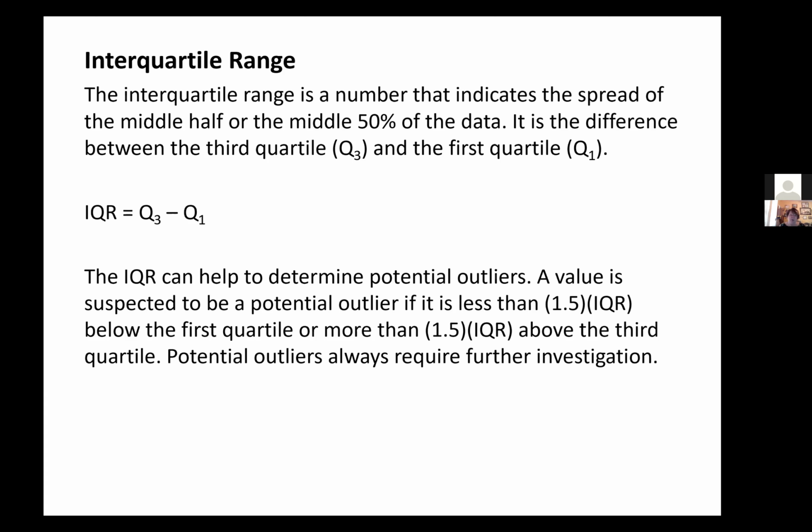If we take our third quartile and we add 1.5 times the interquartile range, that is kind of the limit of our outliers on the upper end. So if we have a number that's beyond the third quartile by 1.5 times the interquartile range, that's probably an outlier. Okay.